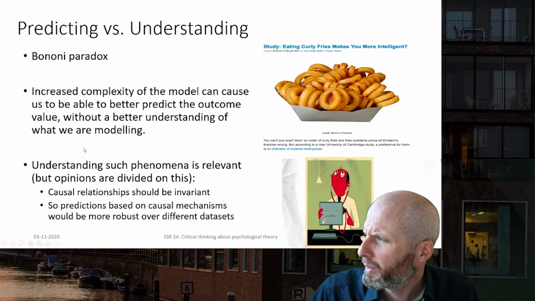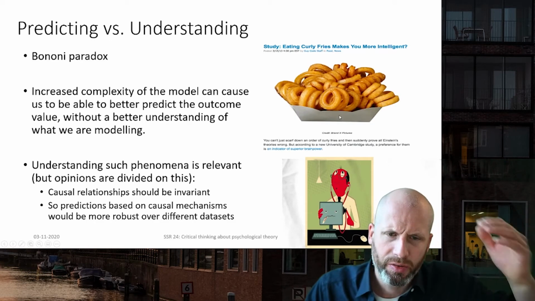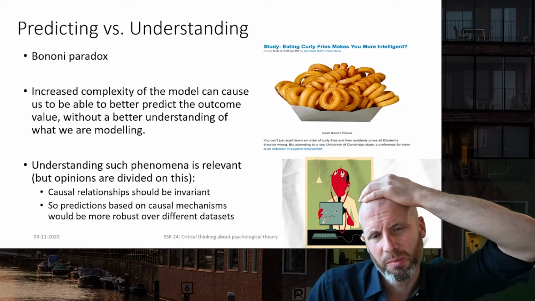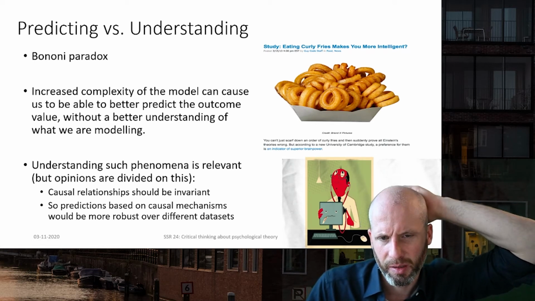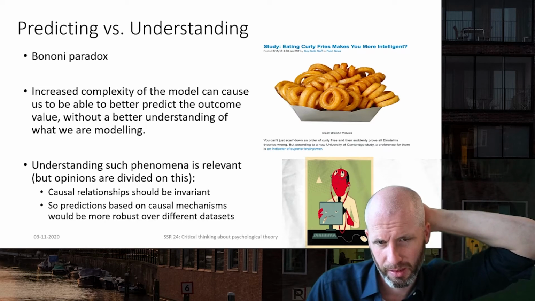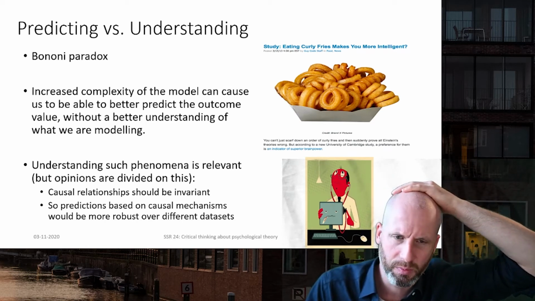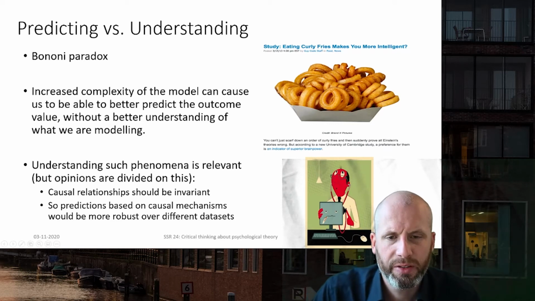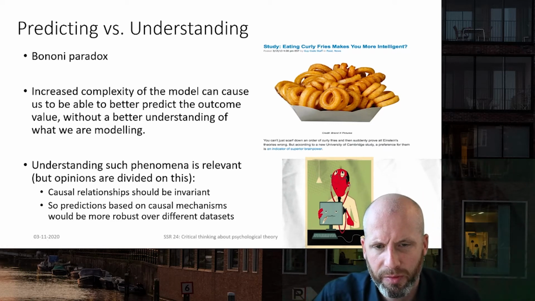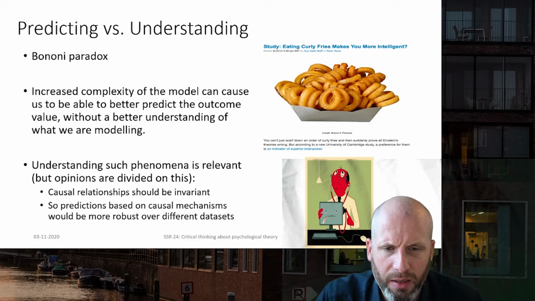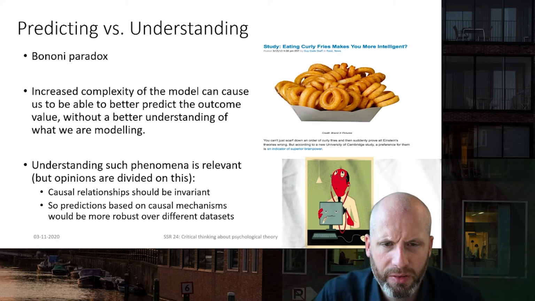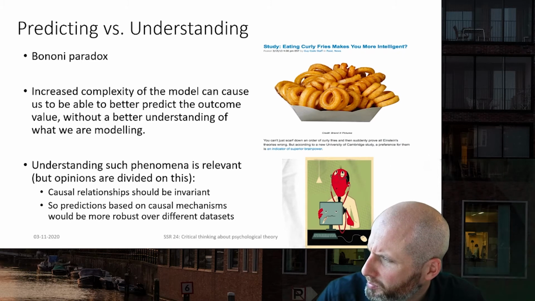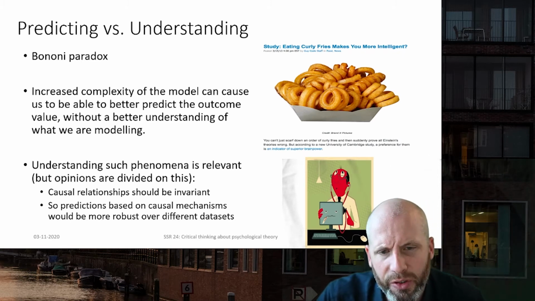All right. There is another trade-off involved in making models more precise, or at least making models more complex, and it's called the Bonini paradox, which means that you could potentially make your model highly predictive, but also highly complex, and to the degree that that complexity increases, you're less able to understand what you're actually modeling, right?